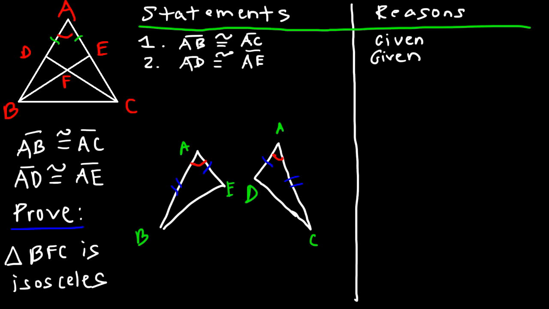That common angle is angle A. So therefore, in step 3, we could say that angle BAD, not BAD, but BAE rather, that's an E, is congruent to angle CAD. And the reason? It's based on the reflexive property.